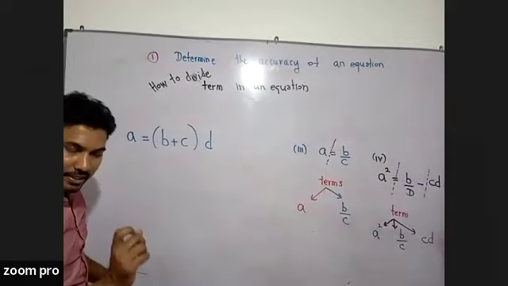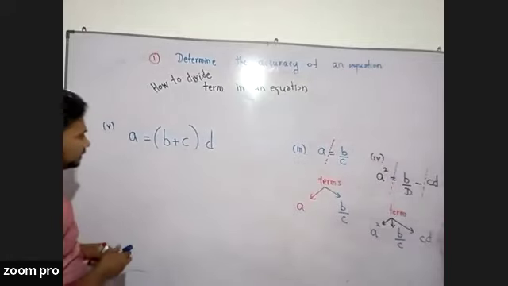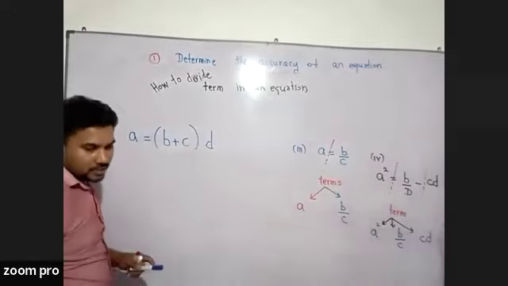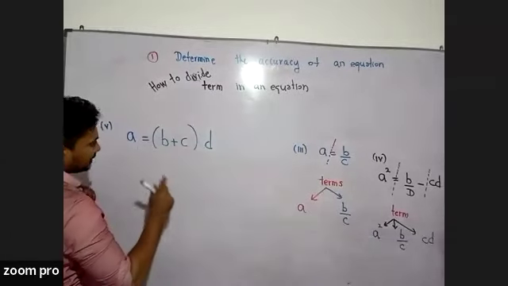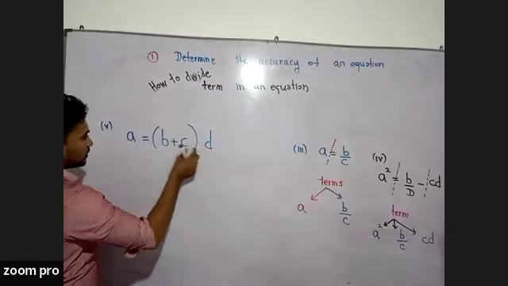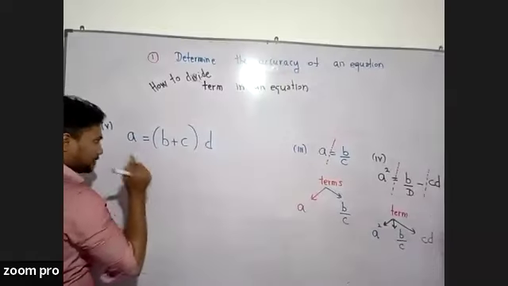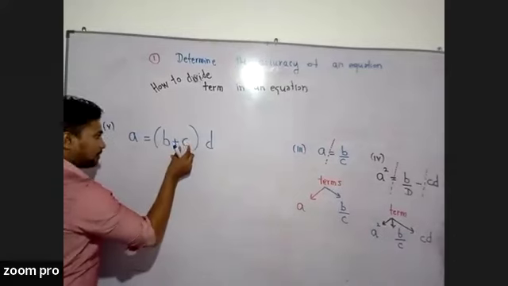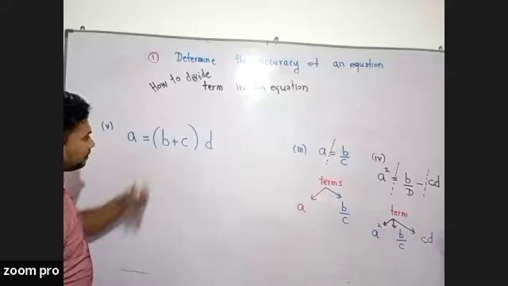If you are given an equation with a bracket sign, it's better to extend this equation. That means this bracket emphasizes that you have to multiply B by D, as well as multiply this plus C by D. So that's the meaning of using a bracket sign.